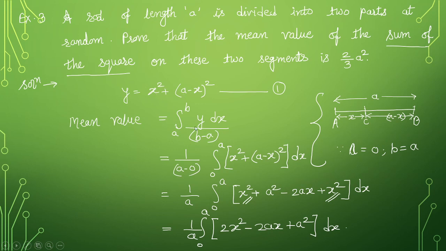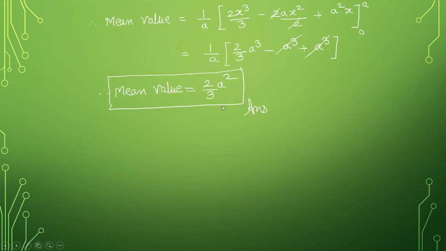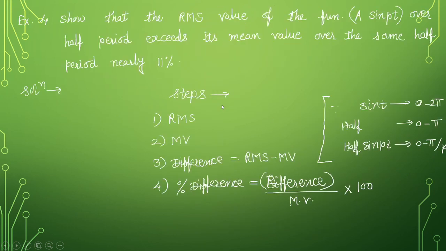Now we substitute these values in the formula of mean value, with limits from 0 to A, and simplify the terms, integrate the terms, and we get the required result.